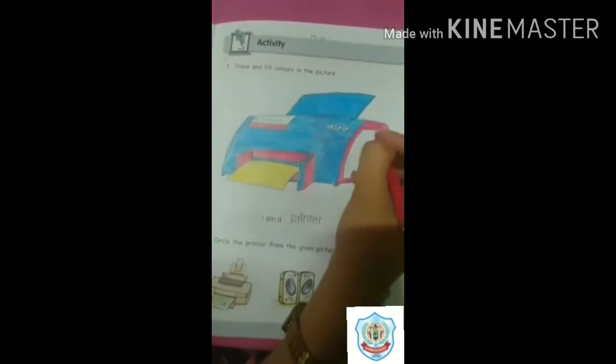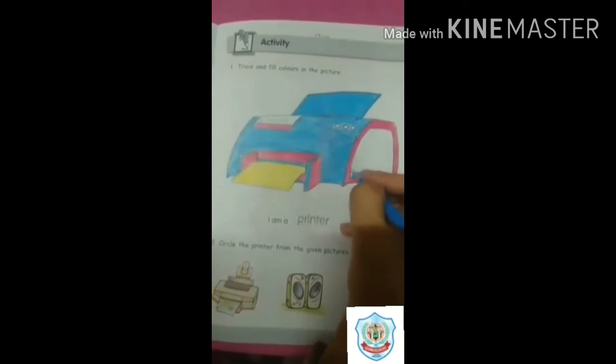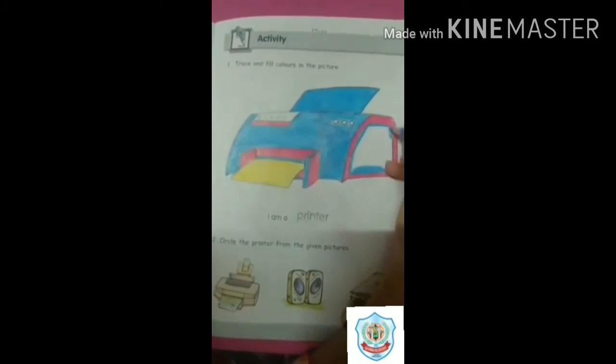I'm filling pink color in the outline of this picture. Now I will fill blue color in this portion. You can fill color of your own choice.